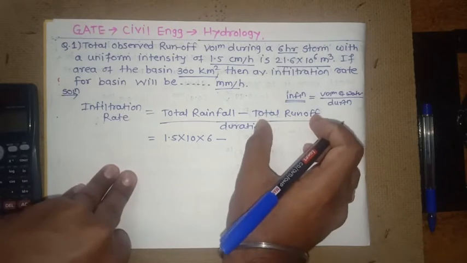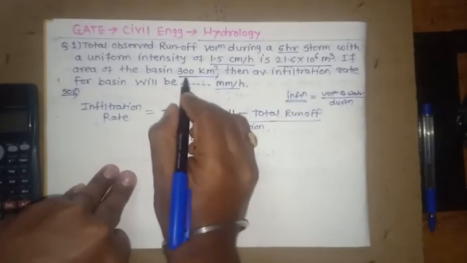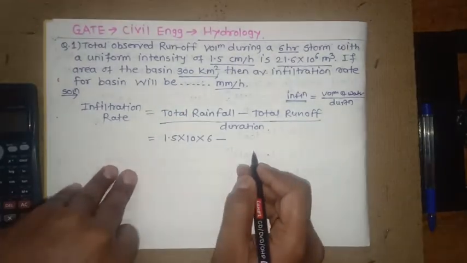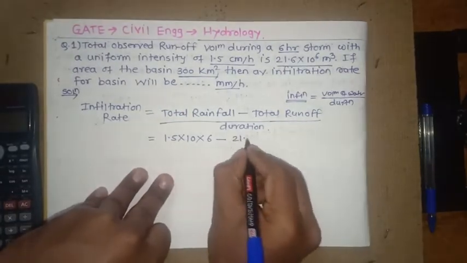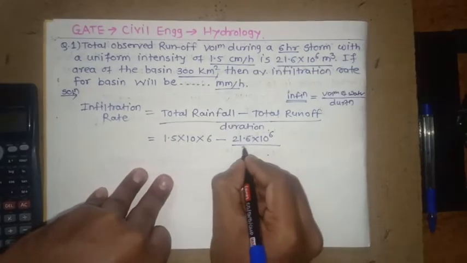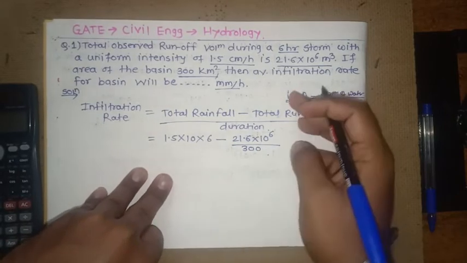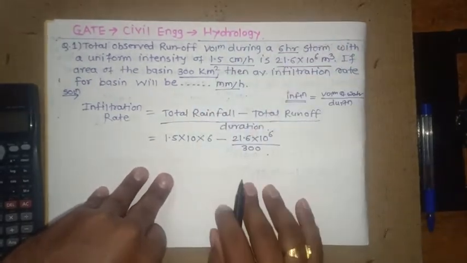Now total runoff is nothing but this much runoff occurs on this much catchment area. Therefore 21.6 into 10 to power 6 upon 300. Now we need to convert all units in millimeters.